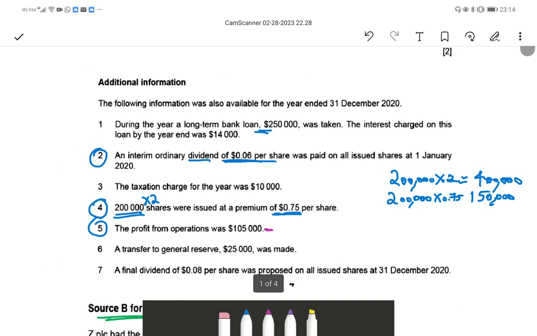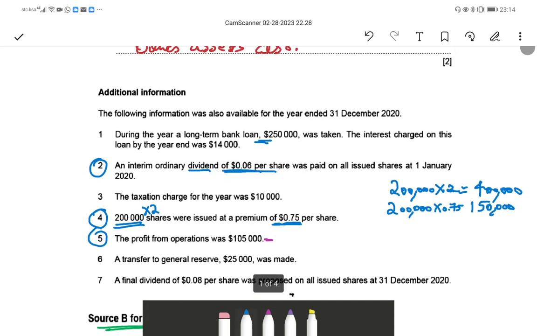So we deduct 105,000 minus 16,000 minus long-term loan interest 14,000 minus tax. Tax is 10,000.